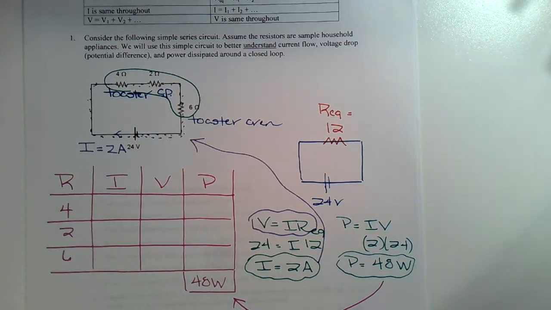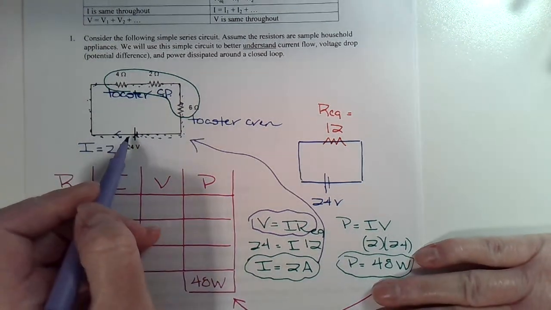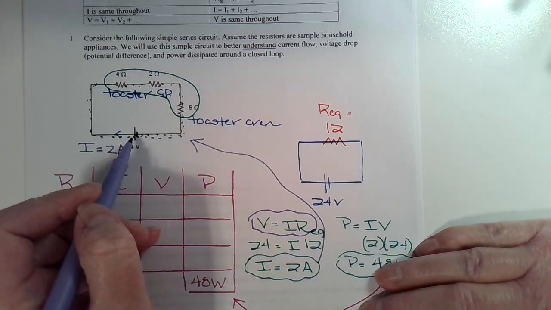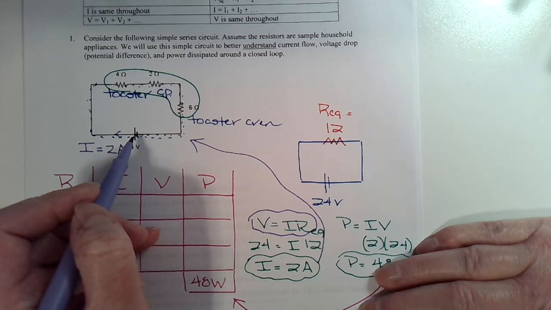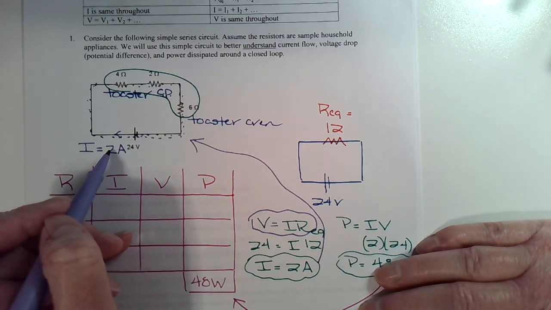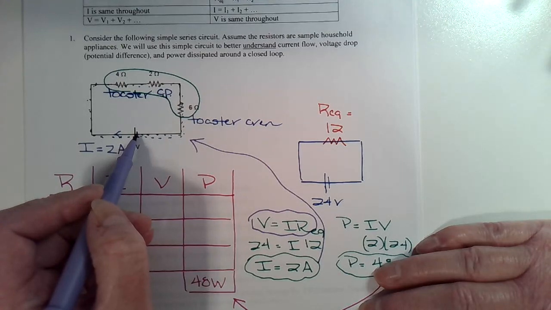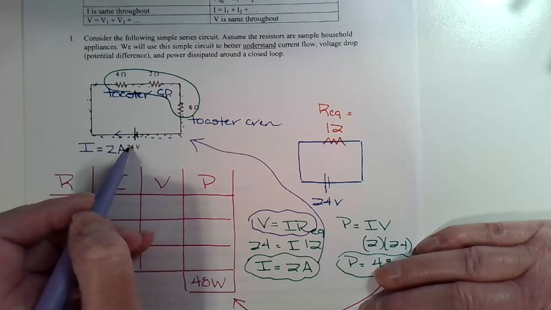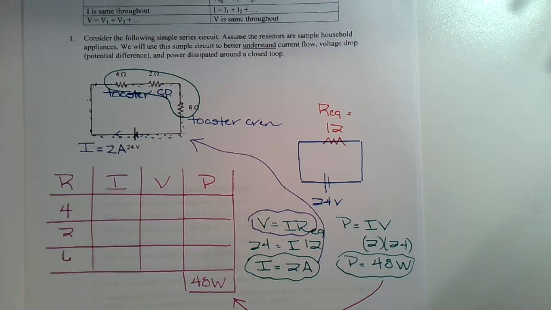Right now, I want to change the story slightly, and I want you to pretend that the current is the marching ants, and you are the lead marching ant. You're going to set the speed at 2 amps, and you're going to be carrying the energy, and the energy is 24 volts. So picture that you're the lead marching ant, and you have 24 sticks of dynamite in your pocket.